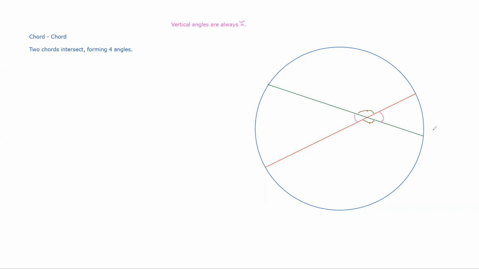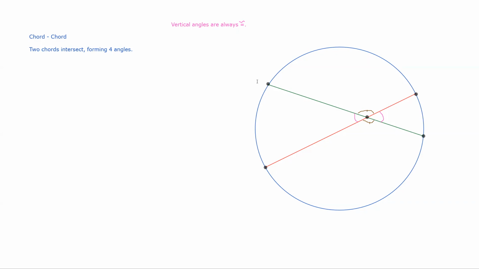Well, there is a formula for this, and it looks like this. So we got to label some points so that our diagram makes sense with our formula.